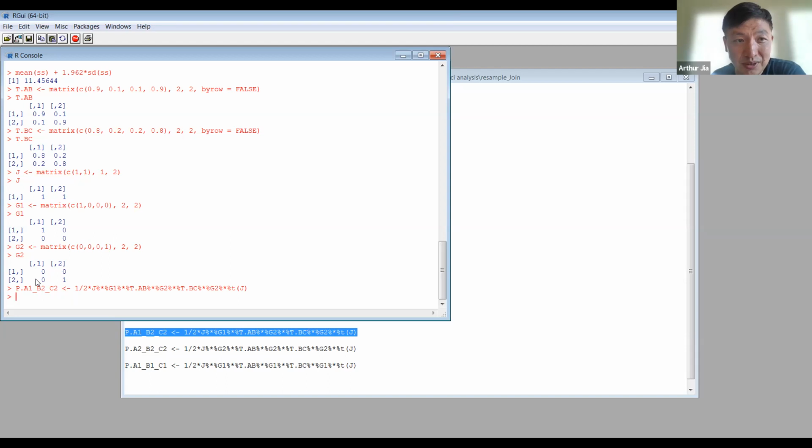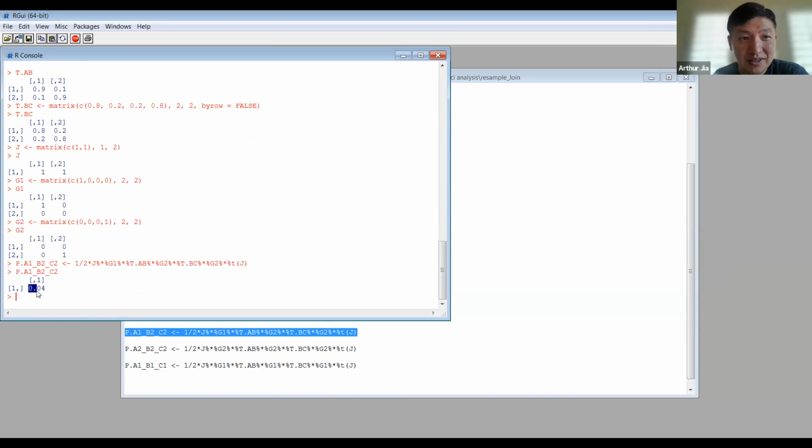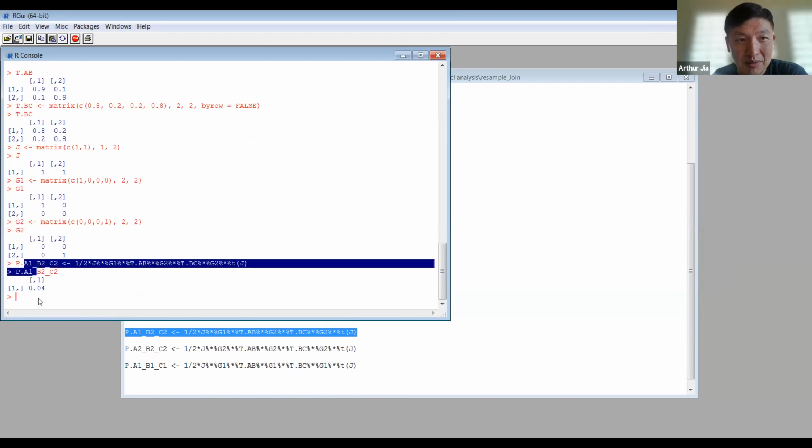So easily you're going to see a single crossover occurring between A and B, right? There's no crossover between B and C. Does that make sense? If you do this calculation, this will give you the value. So the probability of having this genotype is like this.